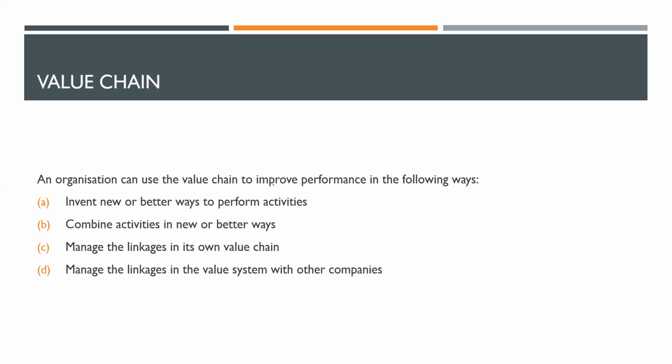Also, maybe the company will be able to combine activities in a new or better way, because they are all integrated and interrelated. And maybe it will be able to manage the linkages in its own value chain, and its value system will link with value systems of other companies.